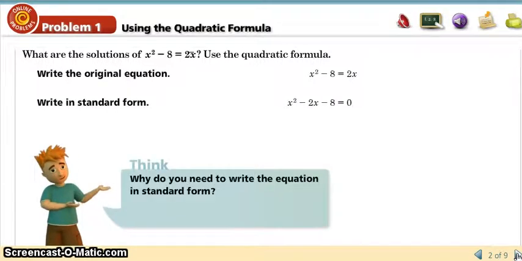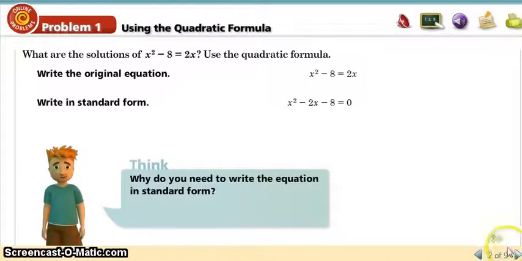Why do you need to write the equation in standard form? This is very important, and this could be the difference in you getting this answer right and wrong. If you do not write this in standard form, you're going to use the wrong values for A, B, and C. So anytime your quadratic equation does not say equals 0, you need to make it say equals 0.